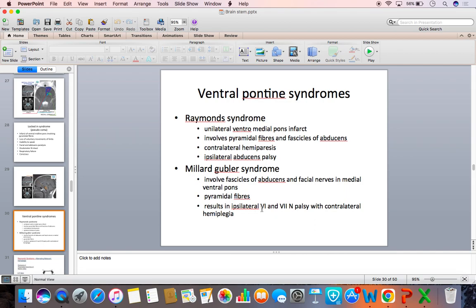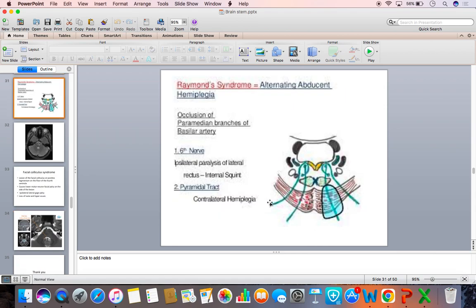Look at the picture here. Yes, this is the Raymond syndrome. This is the ventral part of the pons, where there are pyramidal fibers, and this is the sixth nerve fibers coursing close to the pyramidal fibers in the ventral part of the pons.